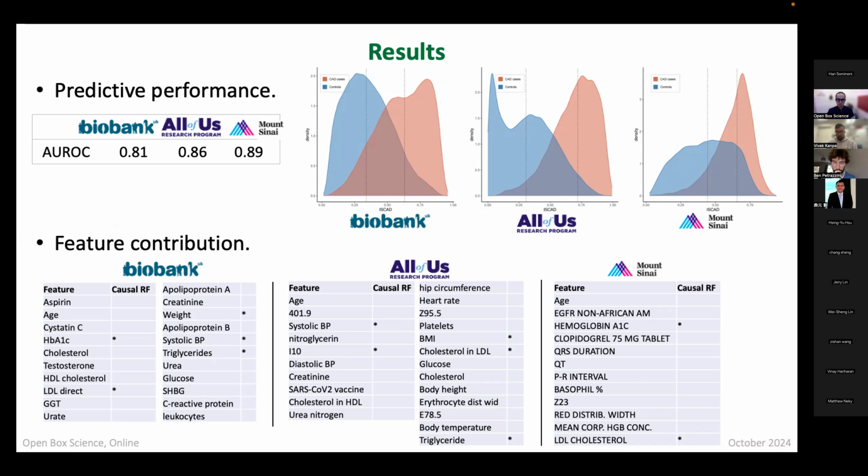Gotcha. And then here you're basically showing all the features that you used as inputs across these 3 data sets, or were these sorted based on their contribution scores? Yes, these are sorted based on the contribution. So aspirin, H, and H are the most heavily contributing features. I'm only showing up until the features that make up 50% of the contribution in the model.